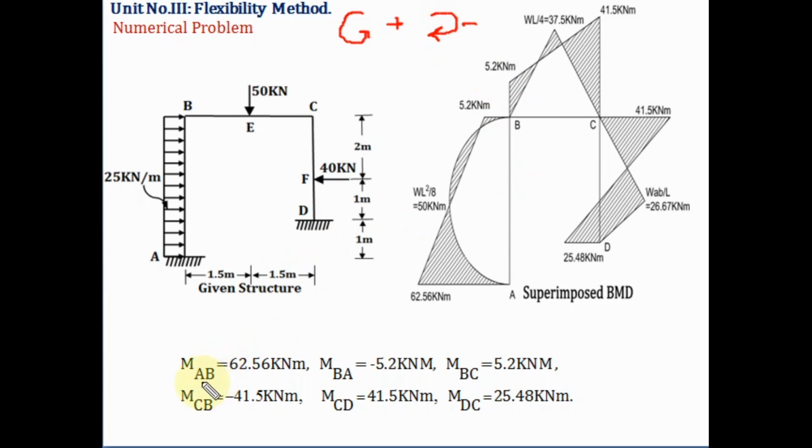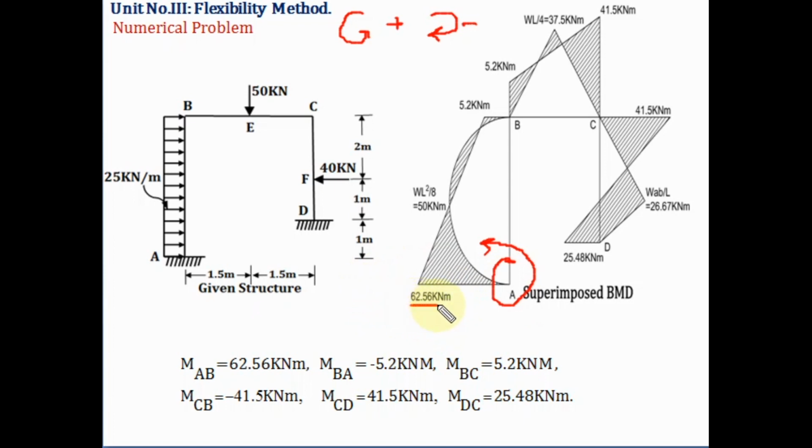Plus means anti-clockwise. So I will keep the pen near support A towards B on line AB, and rotate the joint in anti-clockwise direction. Here the value 62.56 is on the left hand side of support A.